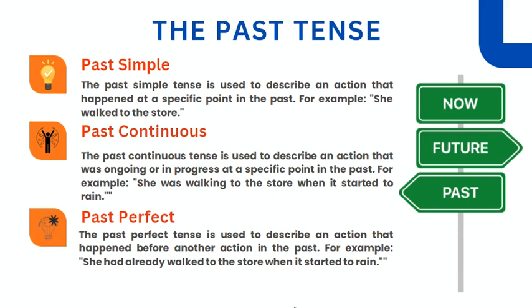I had completed my homework is another action. Which action happened before which? I had completed my homework before my brother arrived. So I had completed my homework is a past action relative to my brother arrived. So that's why we use the word before. So this is an example of the past perfect tense.